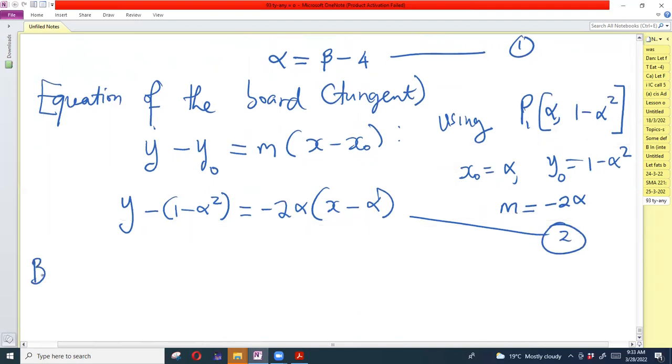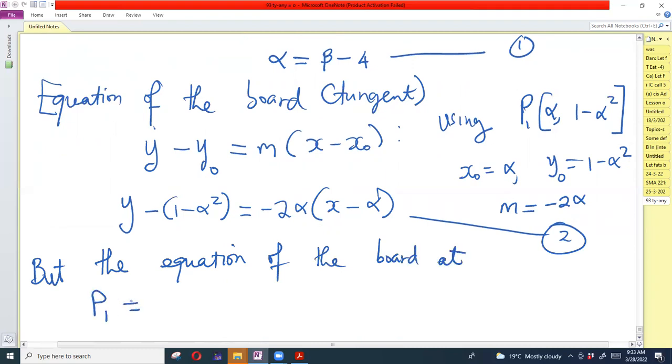But the equation of the board at P1 is the same as the equation of the board at P2, because it is the same board.